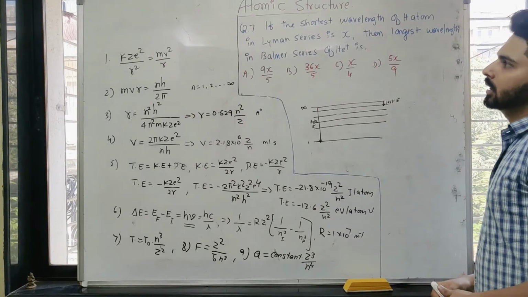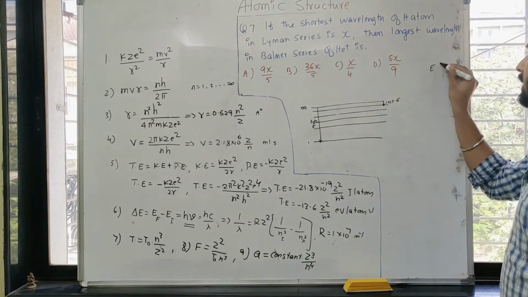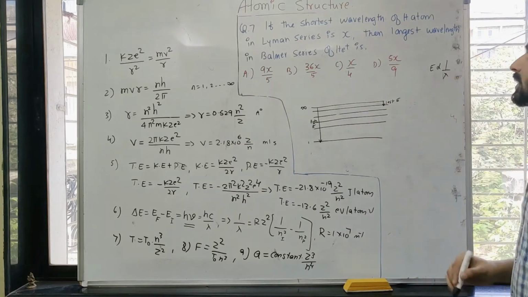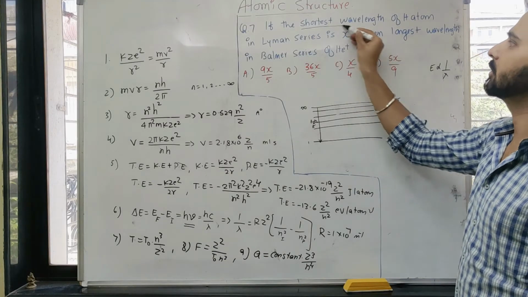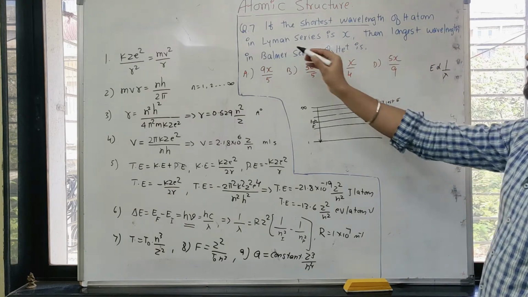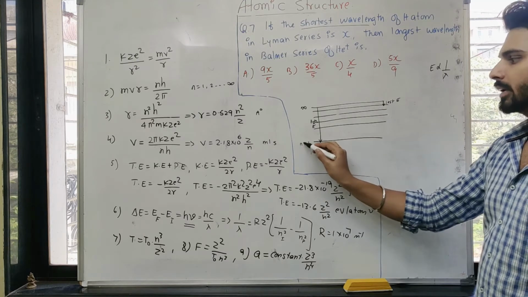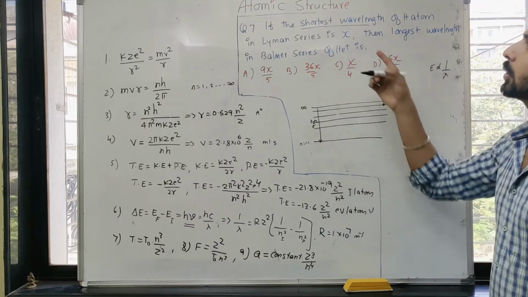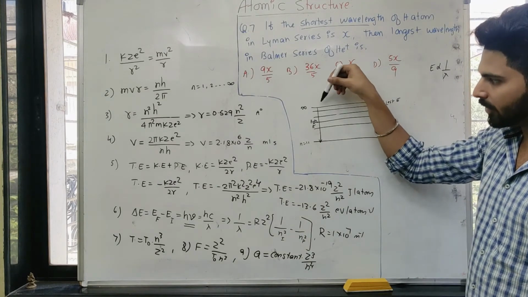So we are asked to calculate the shortest wavelength. We know energy is inversely proportional to lambda. So shortest wavelength means the highest energy of Lyman series. We know Lyman series is anything coming to n equal to 1. So shortest wavelength, that means highest energy, that means it has to come from infinity to 1.